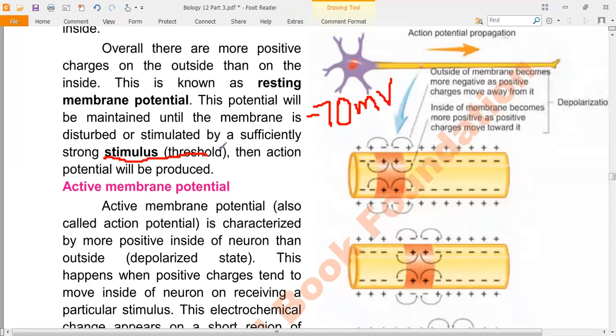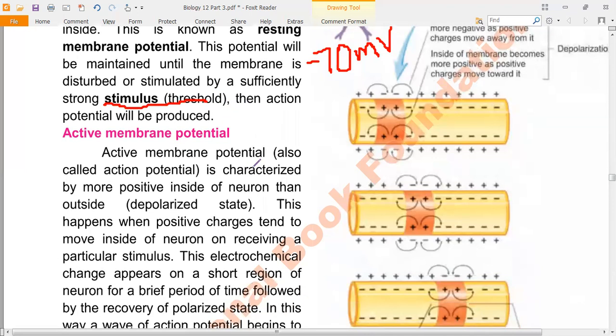When the stimulus is sufficiently strong and reaches the threshold level, almost minus 50 to minus 55 millivolt, in some books it is written minus 55 millivolt, so this is the threshold level.